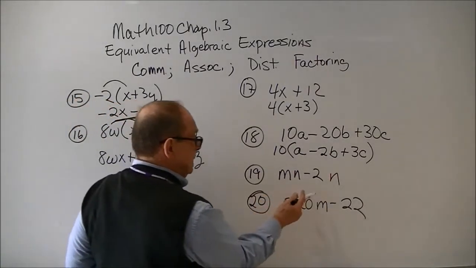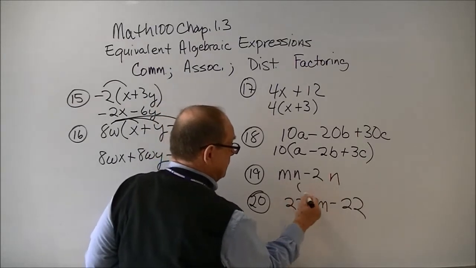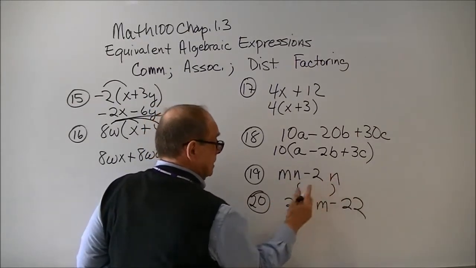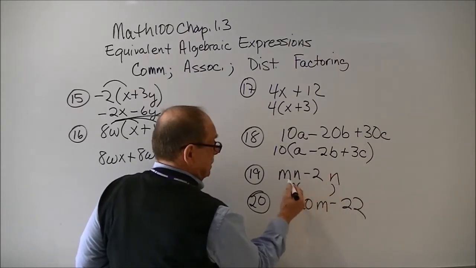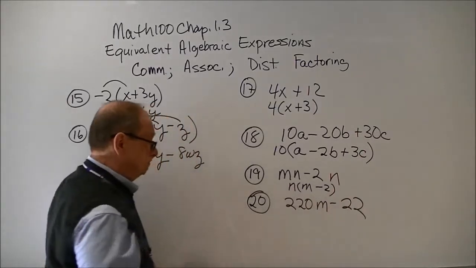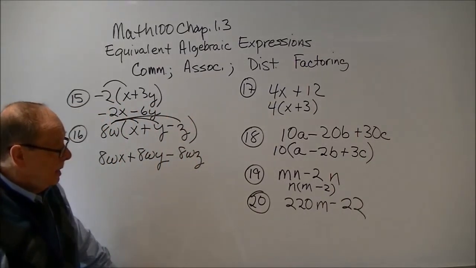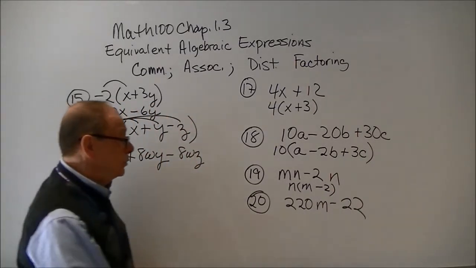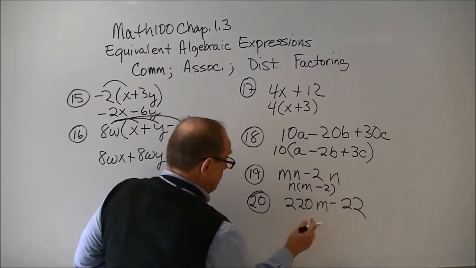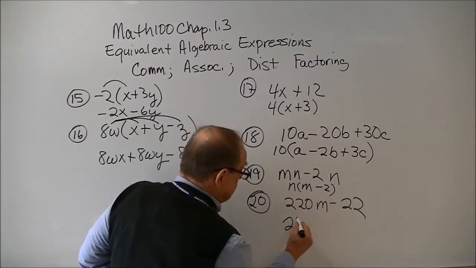Number 19, as you look at both terms, you want to factor out the common n. So you're left here with an m minus 2. And in number 20, I see a 22 there, so you can factor out a 22.